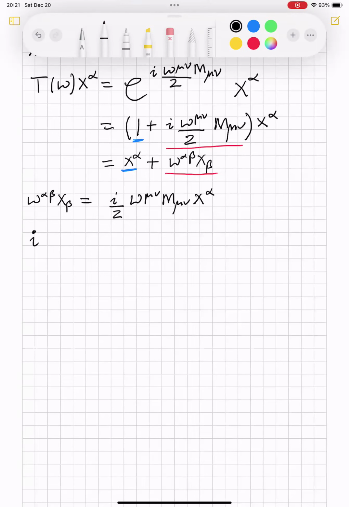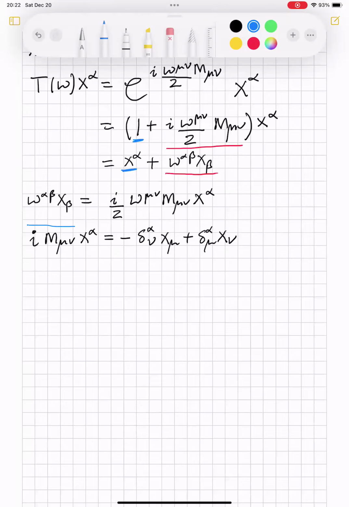I find that if I take i M mu nu on x alpha to be equal to minus delta alpha nu times x mu plus delta alpha mu times x nu, this does the job. So let's check it.